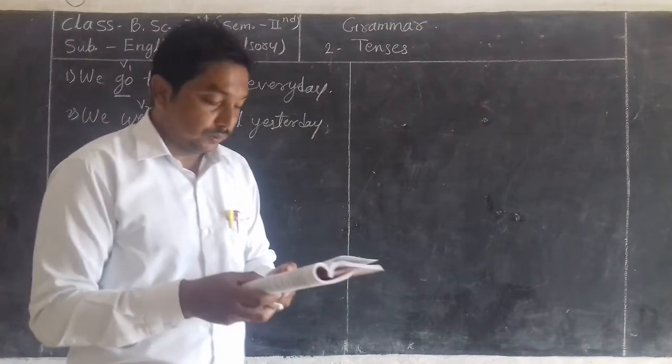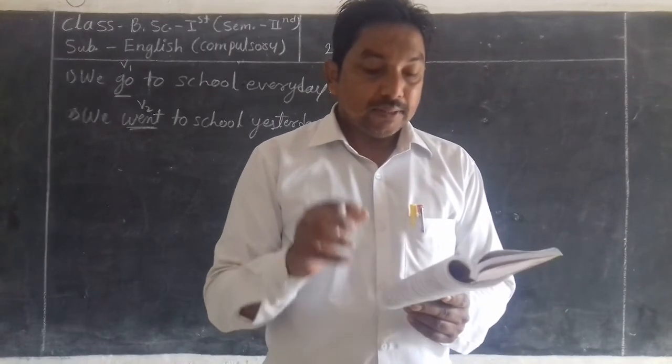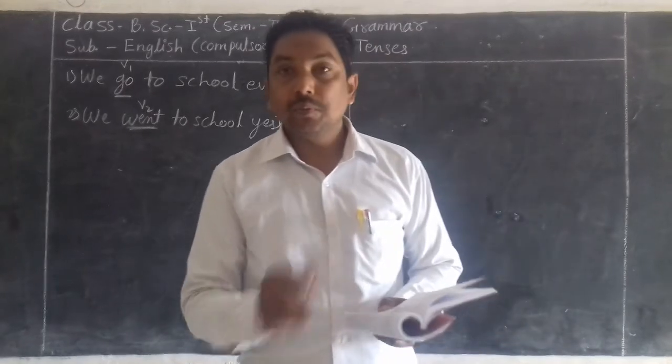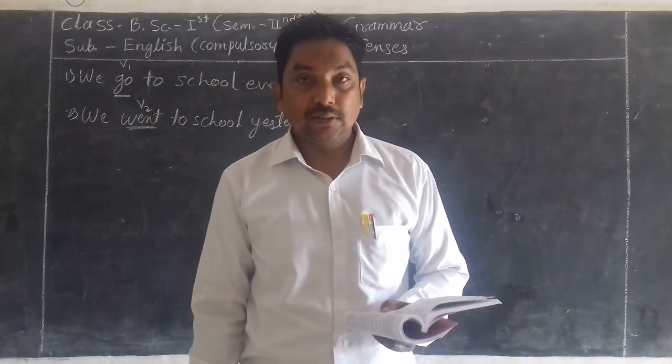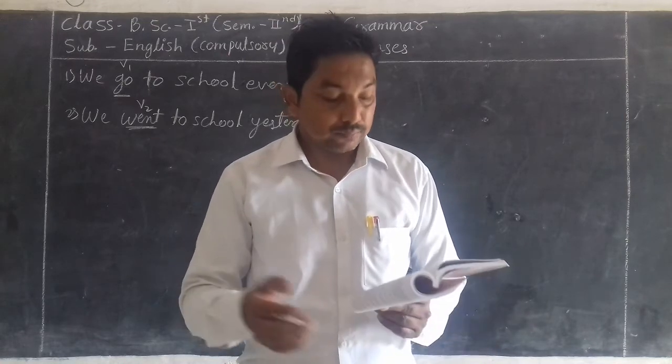But if we want to talk about an action that is expected to take place in the future, now we are moving towards the future tense. There is an expectation that something will happen in the future.